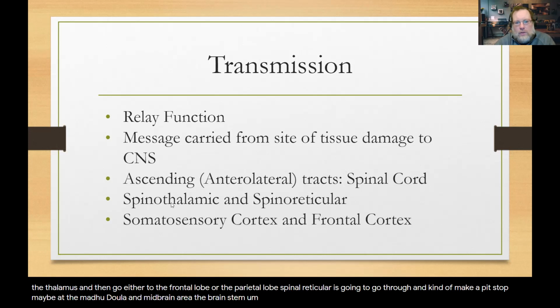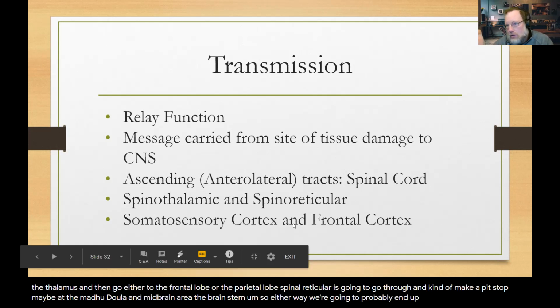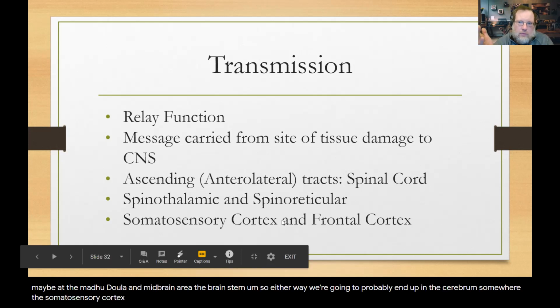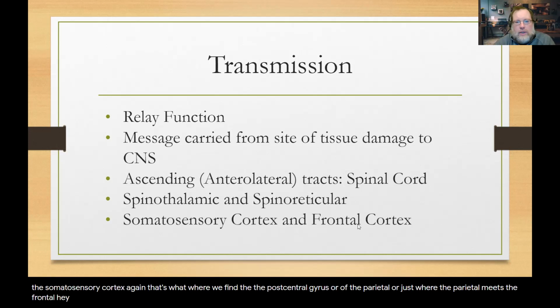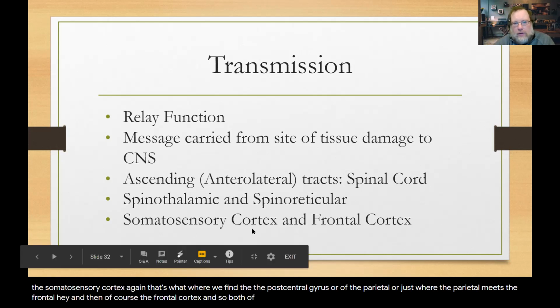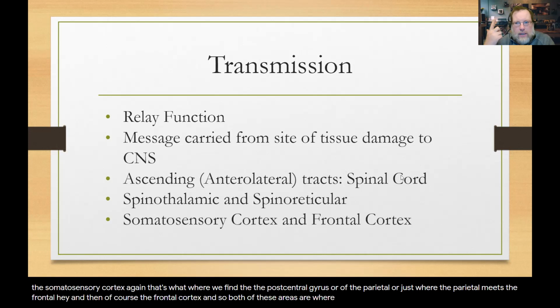Either way, we're probably going to end up in the cerebrum somewhere. The somatosensory cortex, that's where we find the postcentral gyrus of the parietal lobe, just where the parietal meets the frontal. And then, of course, the frontal cortex. Both of these areas are where we're going to send the signal of pain.